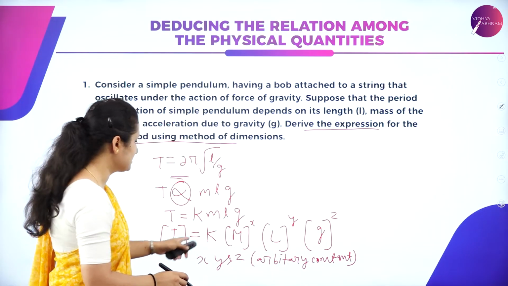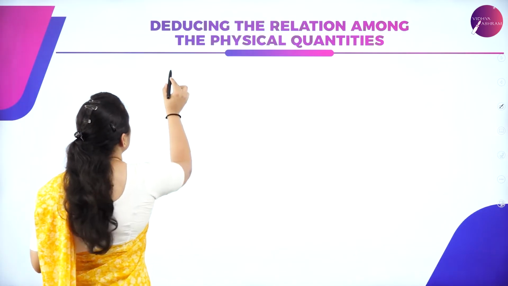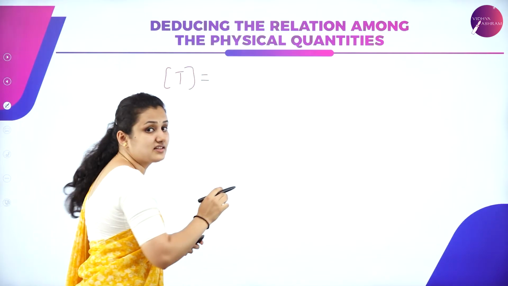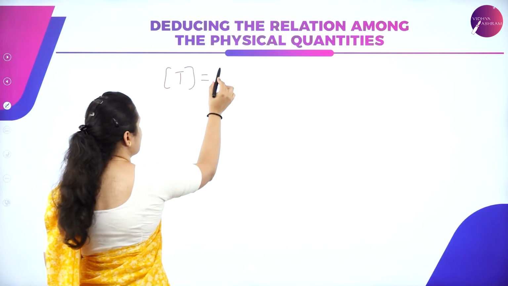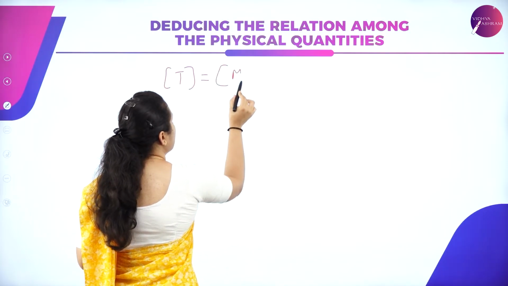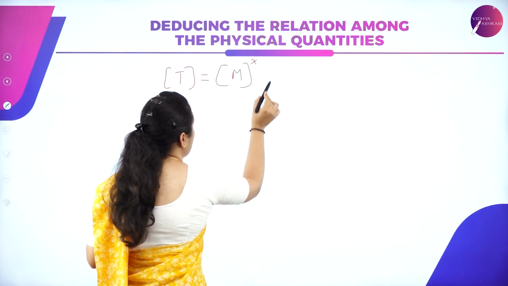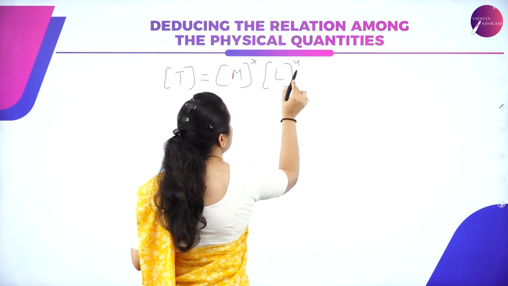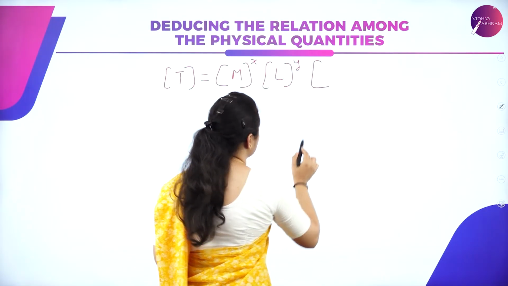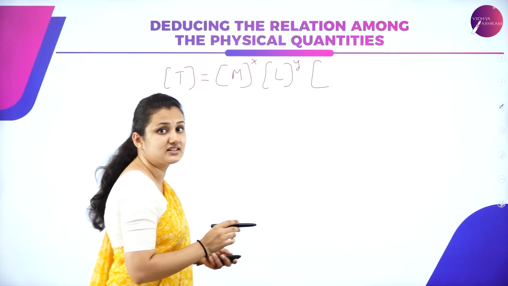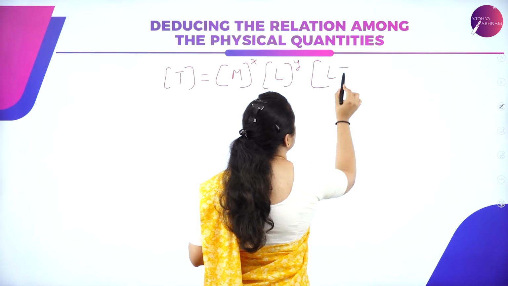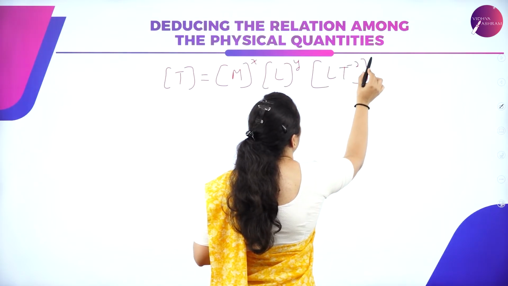So next, let us deduce this further. Time period T is equal to k, a proportionality constant. It is a constant. So M to the power x, and what did we have here? L to the power y, and I have acceleration due to gravity. What is the dimensional formula of acceleration? L T to the power minus 2, the whole to the power z.